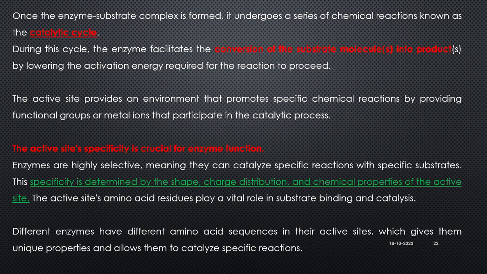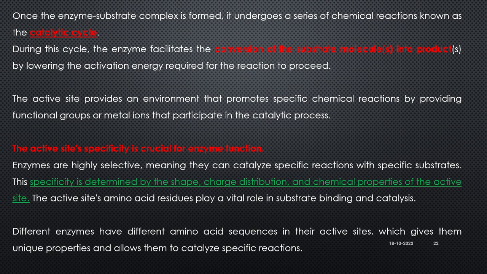Lowering the activation energy, delta G. The active site provides a specific environment that promotes a specific chemical reaction by providing a functional group, a metal ion, or a cofactor to participate in the catalytic process. So the active site specificity is crucial for enzyme function.